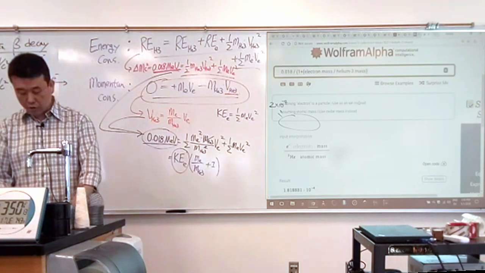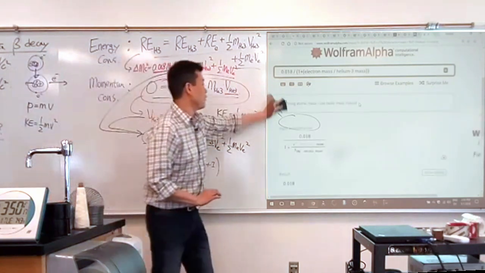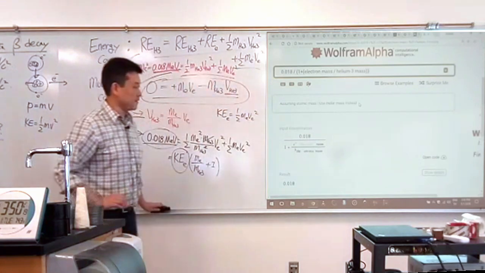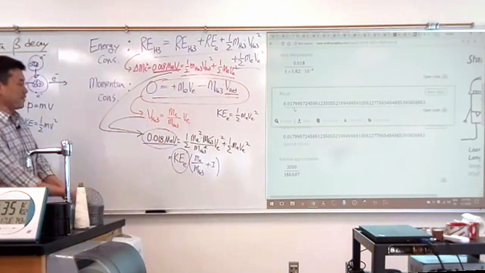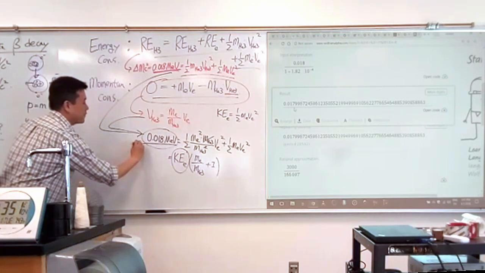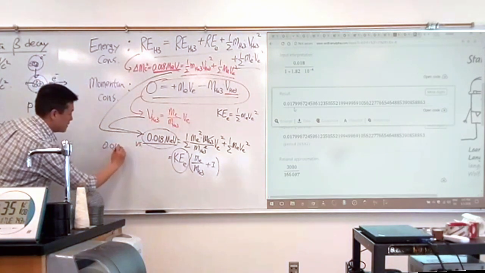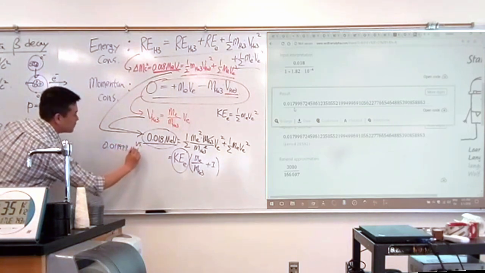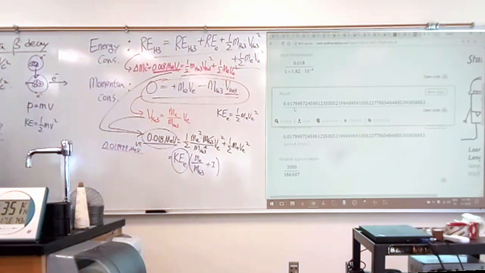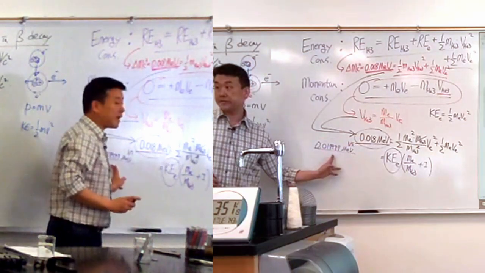Then whether you account for recoil energy or not is a matter of whether you are looking at this versus 0.01799. Okay, I need to write this down so that they are different. Now, here's the amazing thing. There are experiments where this difference counts.